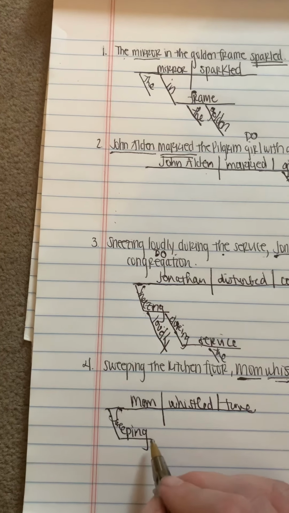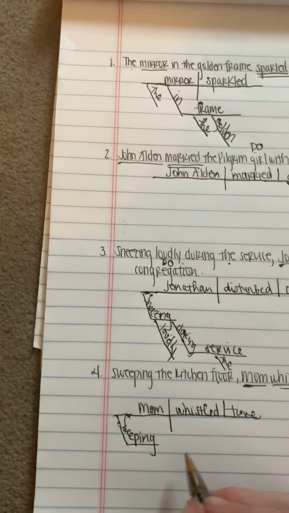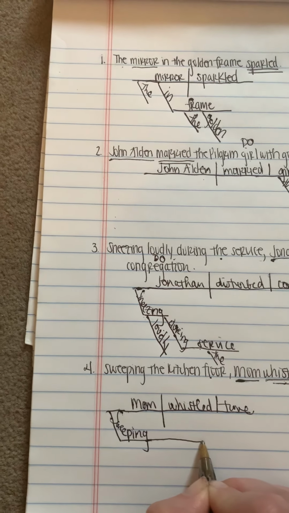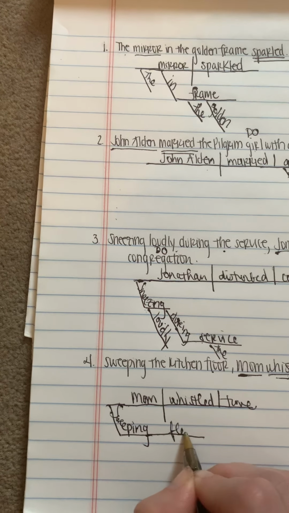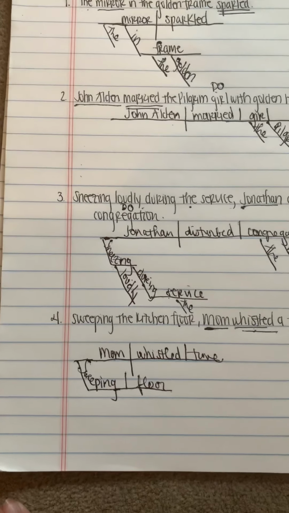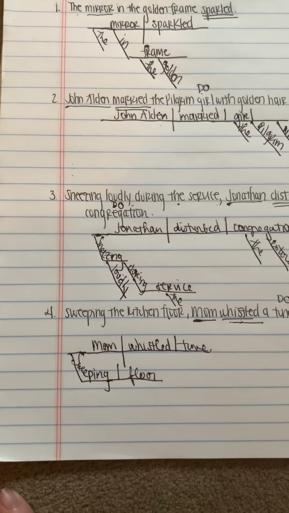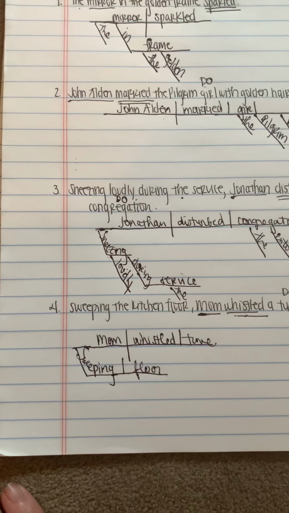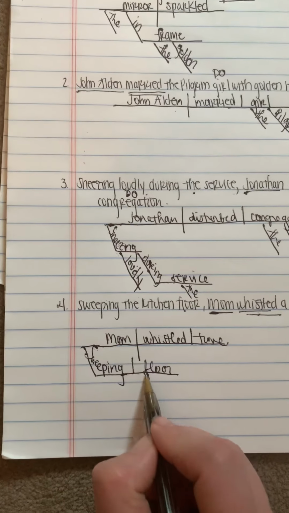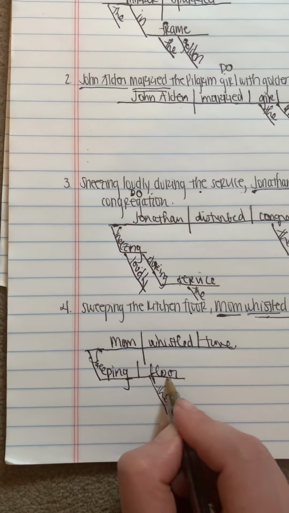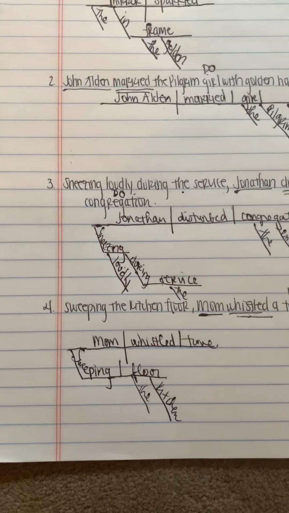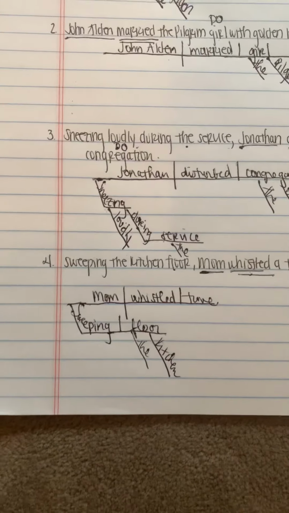So if you have a direct object, and it gives you an example of this in your book, extend this line, put your direct object, and since it's action, it's a straight line. Okay? And then we have the and kitchen. Both of those words modify what? Floor. So the goes first under floor. Kitchen is second. And there's your diagram for 4.